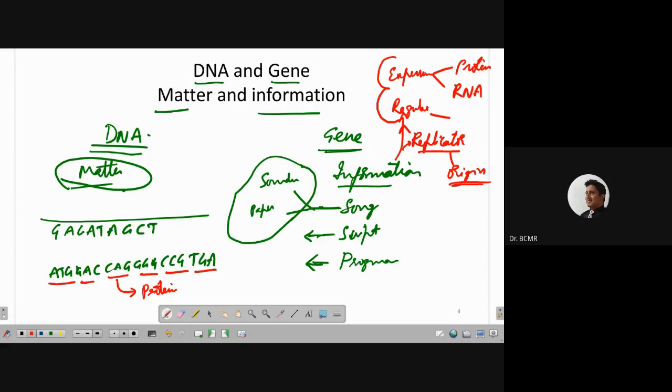If you have a gene on a circular DNA, assume something like a plasmid, but it doesn't have an origin of replication, is it genetic information? It could be, but it is transiently genetic information. If it doesn't have an origin of replication, it cannot replicate. Then the offsprings or the daughter cells will not inherit that DNA.